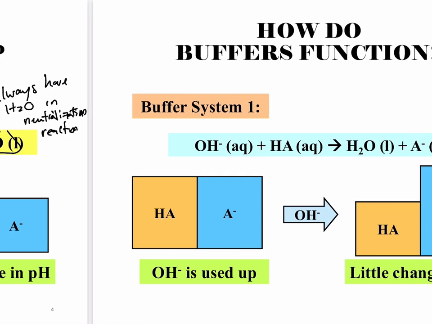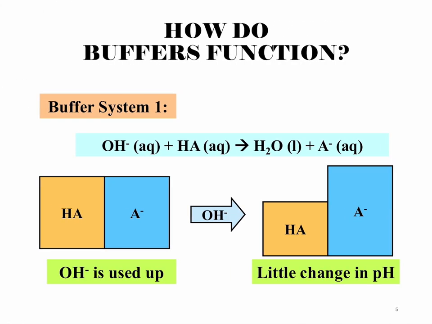If we have a base that's added to the same solution, this is still our buffer system 1, which again was the weak acid and conjugate base. Now we're adding OH minus, or a base, to solution.